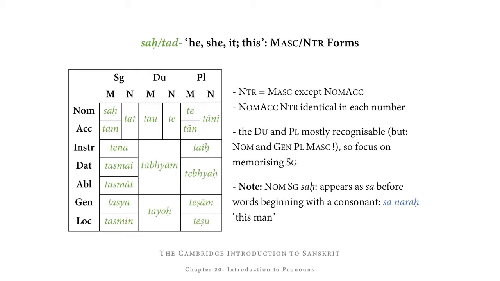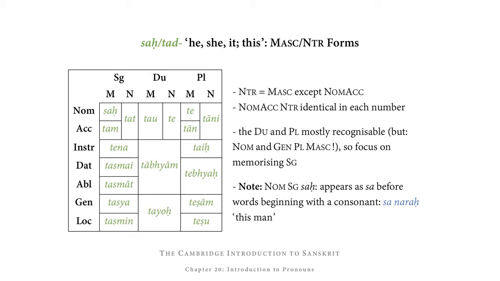And let's start by looking at the masculine forms. As was said just a minute ago, we have in pronouns a number of endings that are new, that are different from any noun endings that we've seen so far. This is mostly the case in the singular, where the forms are saḥ, tam, tena, tasmai, tasmāt, tasya, tasmin.